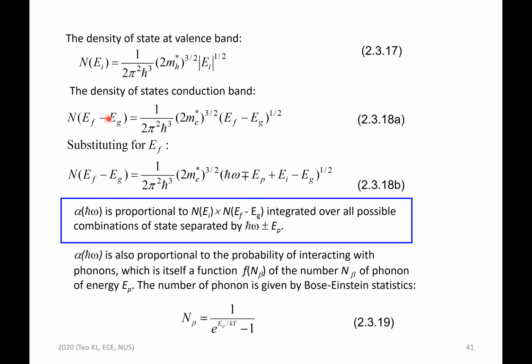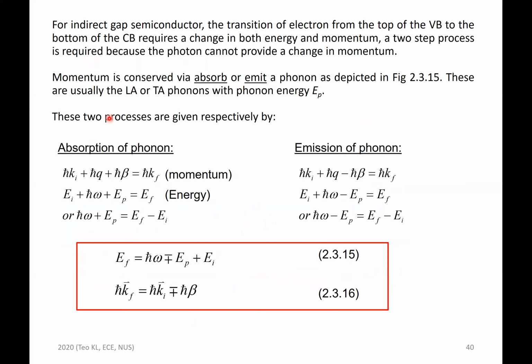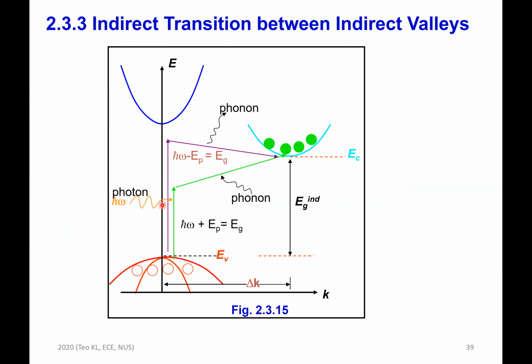You can refer to this diagram again. This is the density of state at the valence band, which is EI, and this is the density of state in the conduction band, and you have to overcome this band gap energy. So EF minus the band gap. We reference to the top of the valence band.